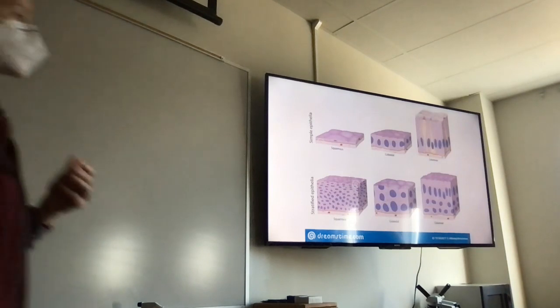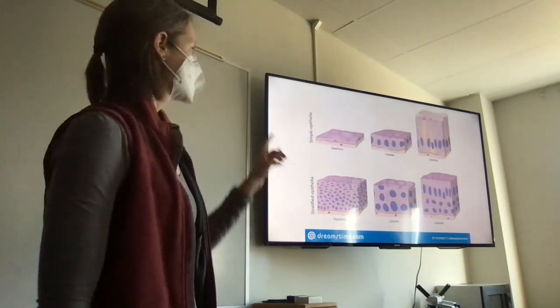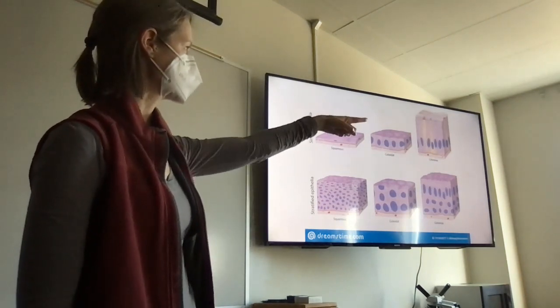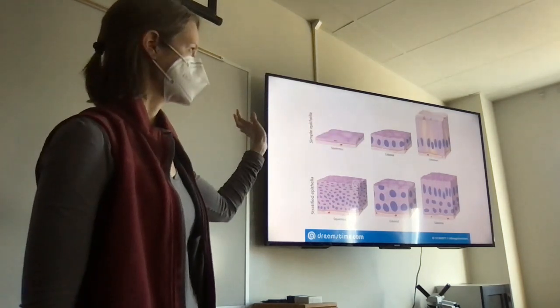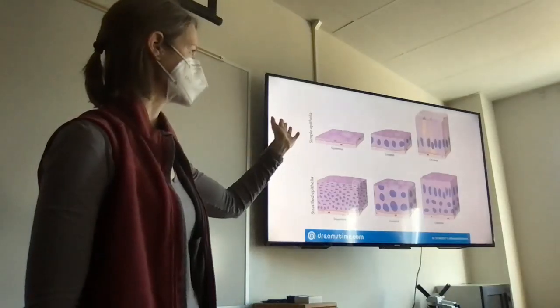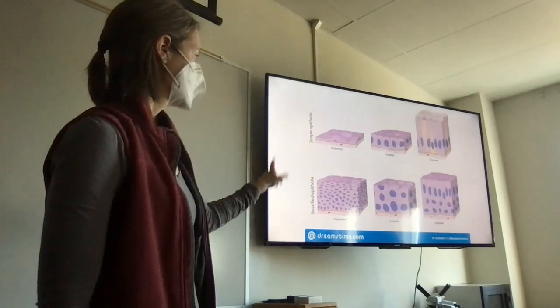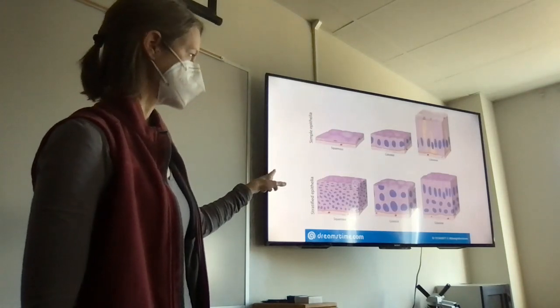I think this diagram is really helpful to simplify those 6 different options. On the top, you have the simple or 1 layer with each of the shapes. Simple is pretty easy. The shape is fairly obvious most of the time and easy to distinguish between the 3. When you get into the stratified, it gets a little bit more complicated.